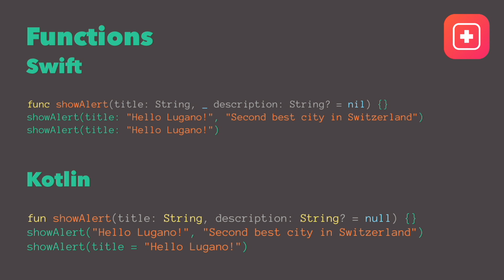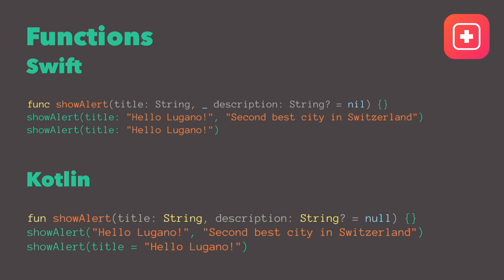In Kotlin, you use fun, so you drop the C, and then you also have a title and a description. Title is the same, a string, and then description an optional string. Here we use null, like in Java, for example, and not nil, like in Swift. Then you can call your show alert method in Kotlin.